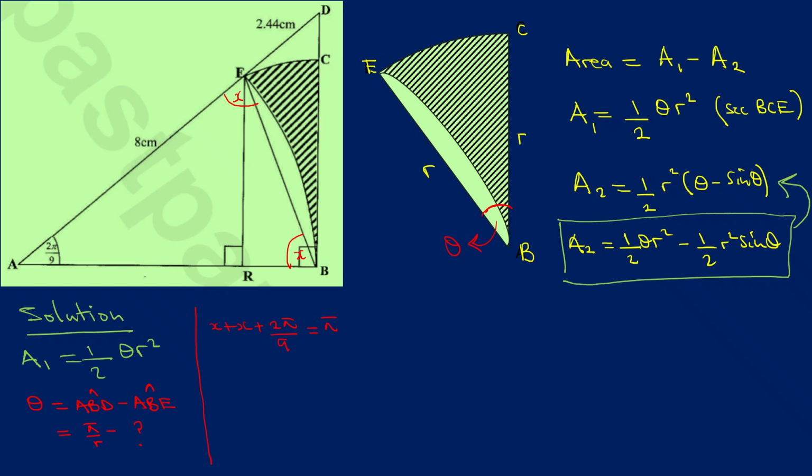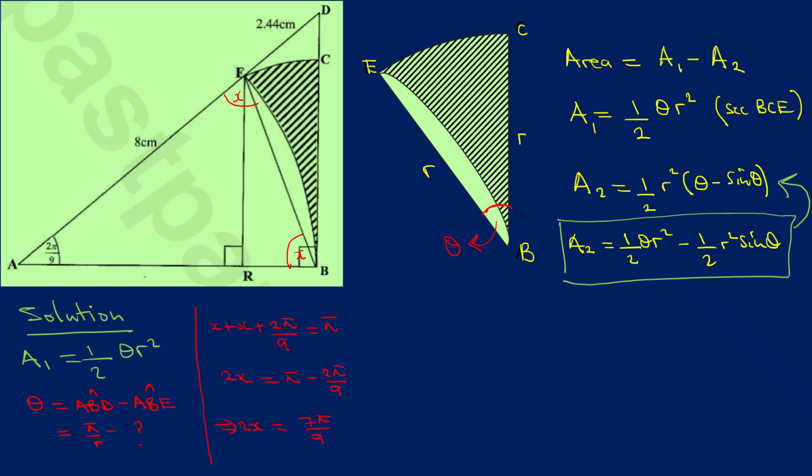So x plus x is just going to give you 2x, is equal to pi minus this 2 pi divided by 9, which comes to the other side. It becomes negative. So 2x is equal to pi minus 2 pi over 9. You are just going to get 7 pi divided by 9.